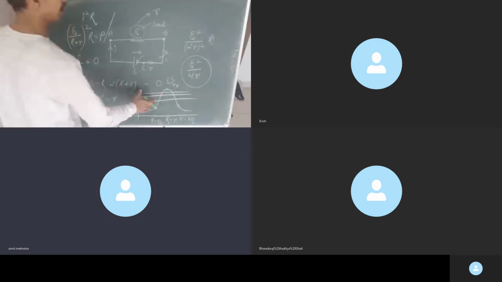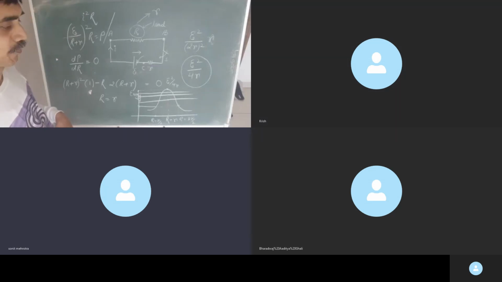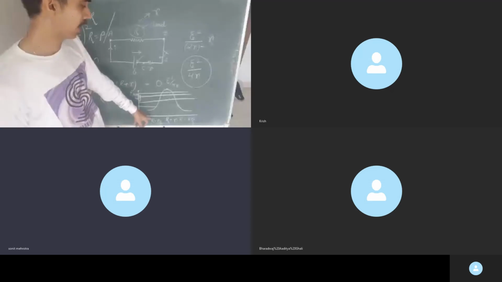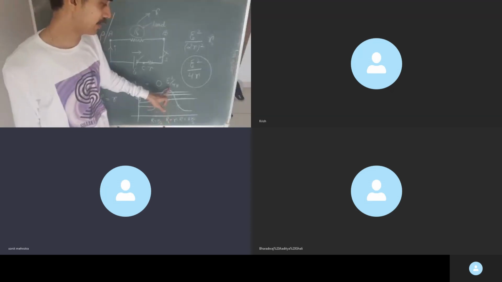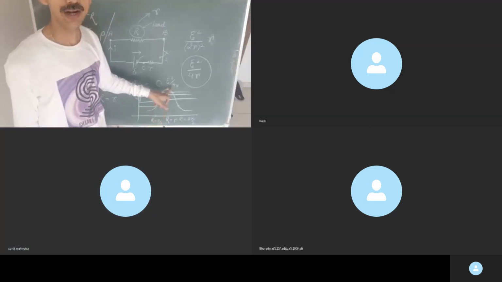This is an experimentally deduced graph. Is it fine? But when we put the values of R in the equation, we won't get the same energy. You will get the same energy, whatever is R over here, if symmetry is maintained. What did I say?